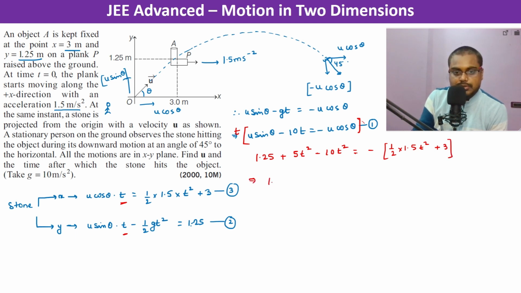So this is 1.25 minus 5t square, which is equal to minus 0.75 t square minus 3. 3 comes here, it becomes 4.25 is equal to 4.25 t square. So t square is 1, so t becomes 1.